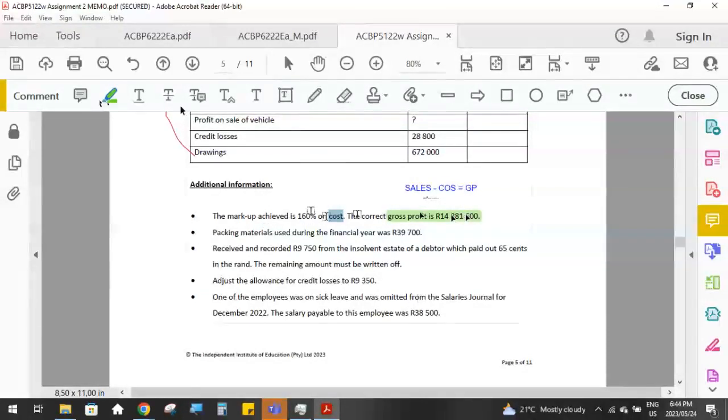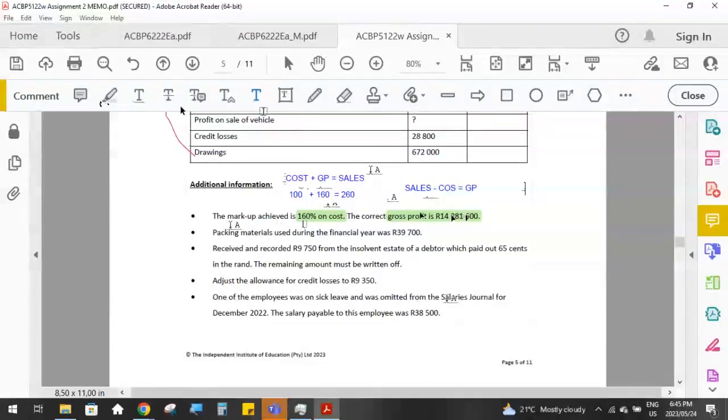And then they've told us that the company uses a markup of 160% on cost, which remember we take back here, cost plus profit. In this case, I'm going to use the GP equals sales. They've said markup on cost. So cost is going to be 100% plus a markup of 160%, which means that our sales will be 260% of cost.